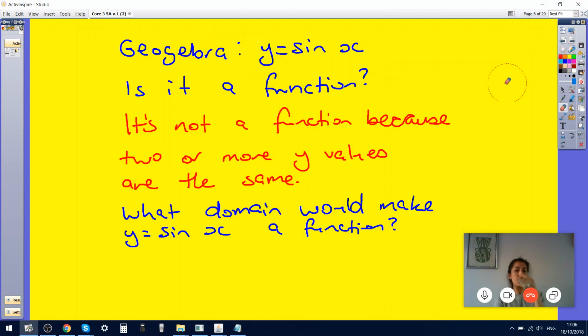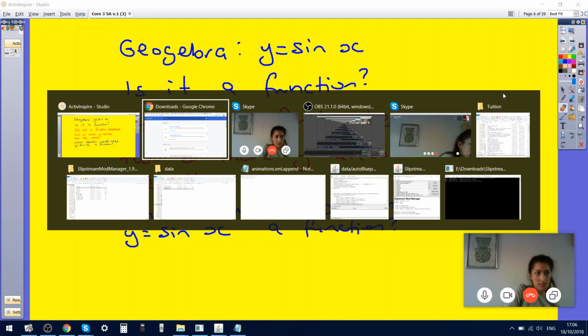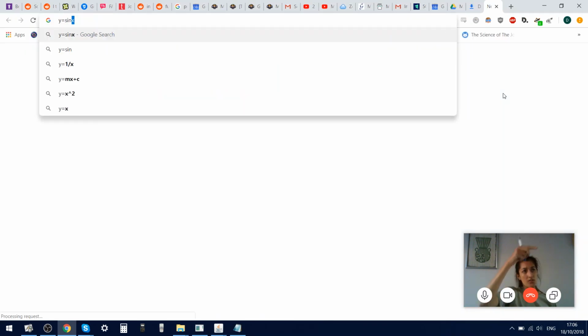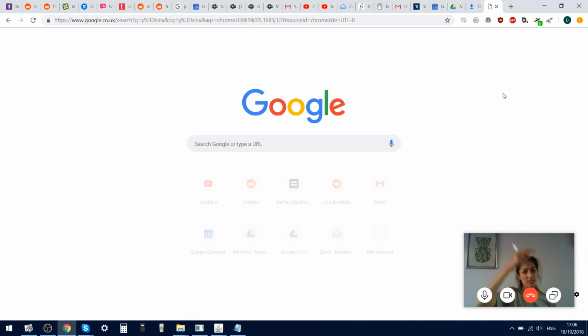Between what two x values would it become a function? What domain would make it not repeat? 0 to 180, that would be half of it. No, I think that would come back down at 180, doesn't it? So 0 to 90.